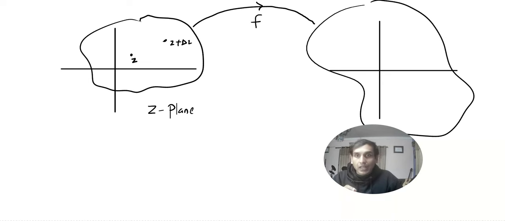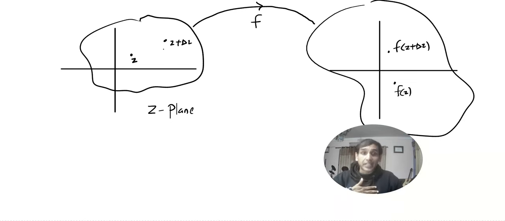Now I have to make the distance between these two complex numbers very small. By the way, the point z will have an output. I'm going to call it f of z. And the point z plus delta z will have an output, f of z plus delta z. It can be anywhere. I'm just assuming it's over here.